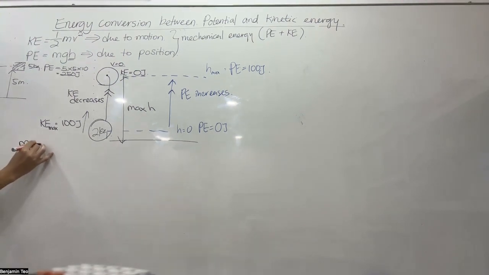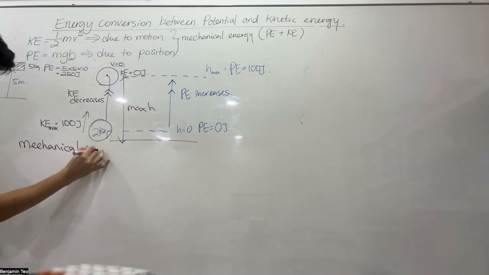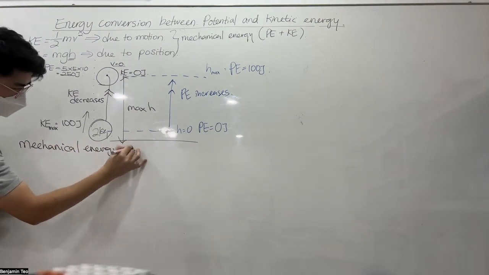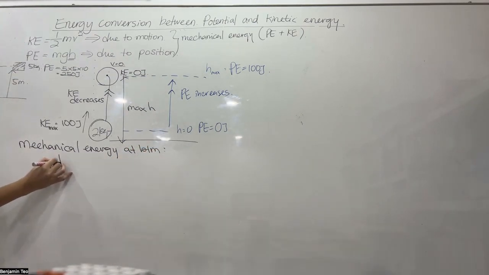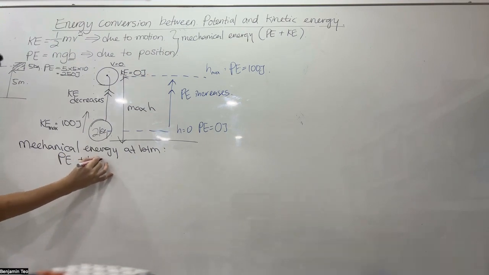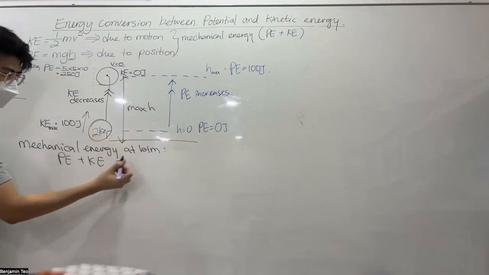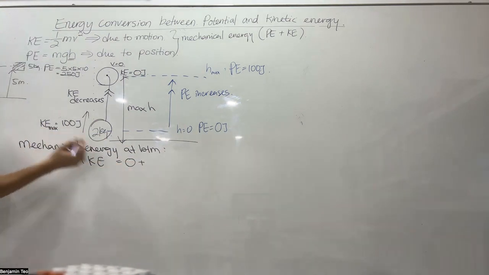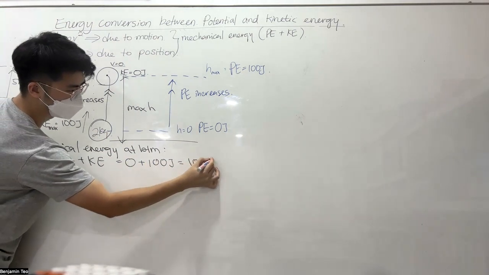So if I see mechanical energy at bottom, the mechanical energy is PE 加 KE. At bottom 是多少？PE 在 bottom 的时候是0，加 KE 在 bottom 100。So my mechanical energy is 100.